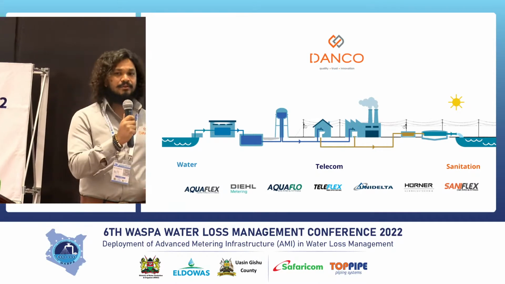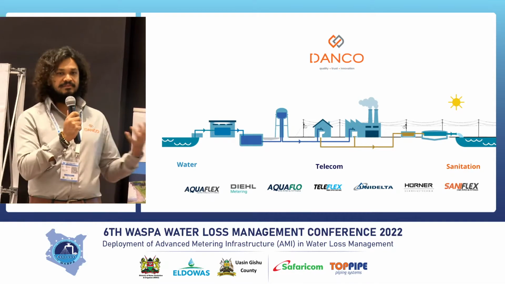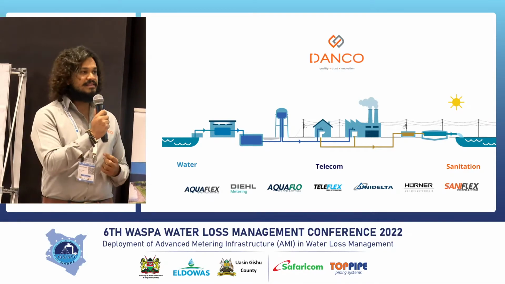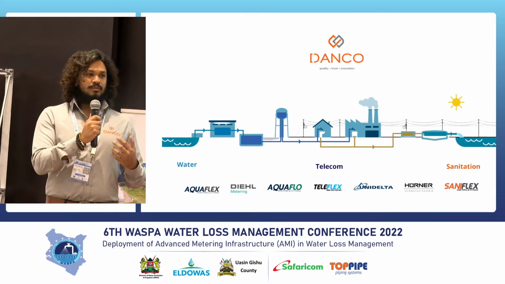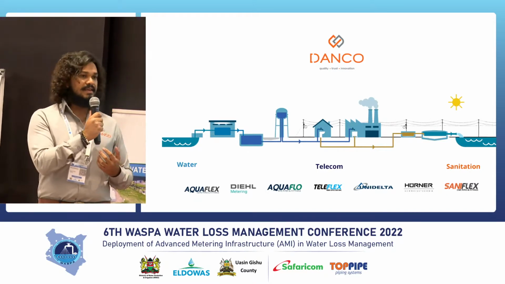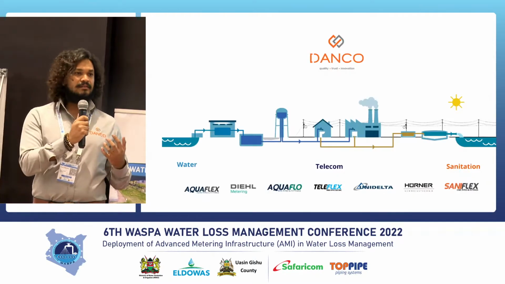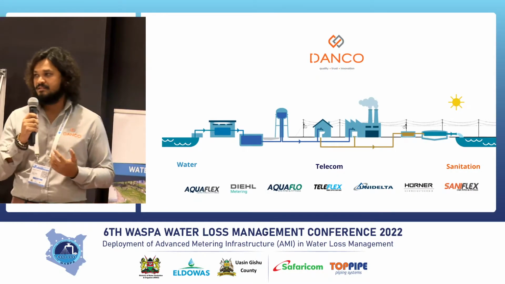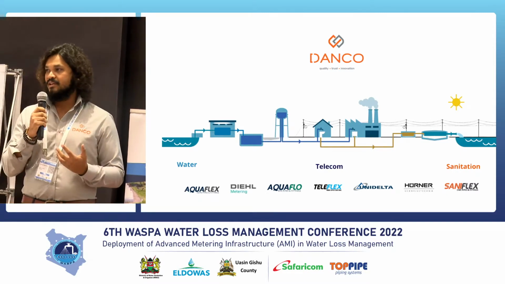So when we look at our company, Danco, we represent a number of brands. Some that we manufacture in Kenya, and some that we have very strong partnerships with. What we pride ourselves in is when we have a vendor, we stick to one. And Deal Metering has been with us on our journey on metering for the last 4 years.